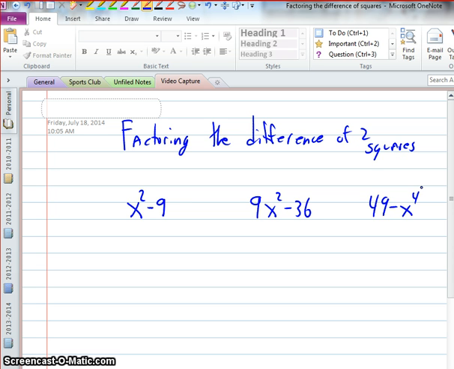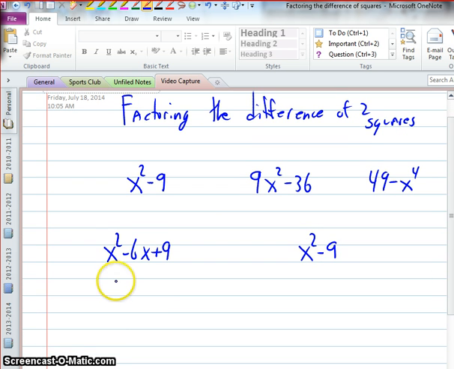They are going to have a unique type of factorization similar to a perfect square trinomial, but slightly different. So that's a perfect square trinomial, and I'm going to juxtapose that with the difference of two squares. We know a perfect square trinomial factors into the square root of the first term, sign of the second term, square root of the third term, squared. The difference of two squares factors into what we call the sum and difference.